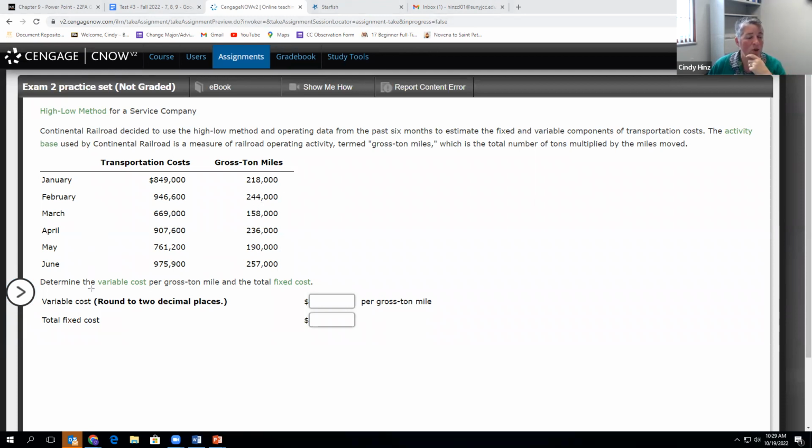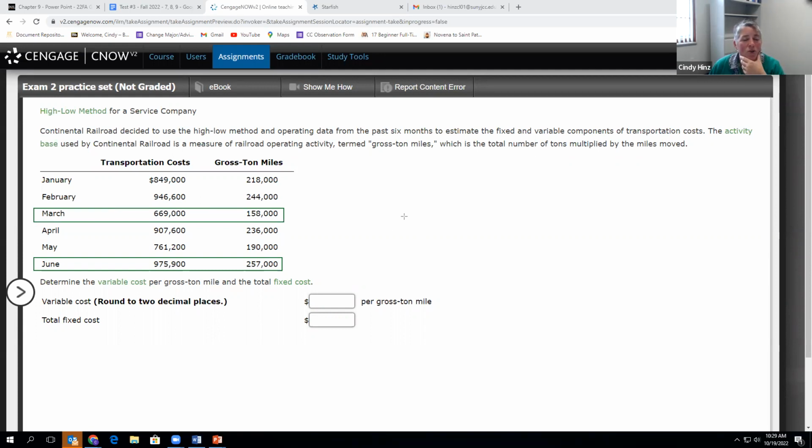We don't really need to know that, but it's interesting information. Our highest month then would be right here, June. We had the highest gross tonnage and miles and the highest cost. And the lowest month would be March.